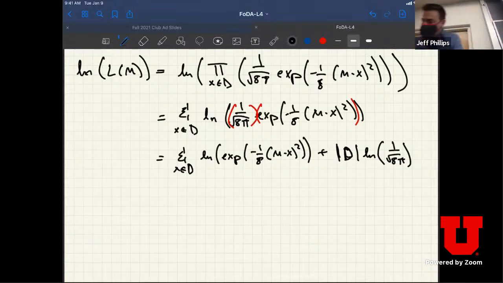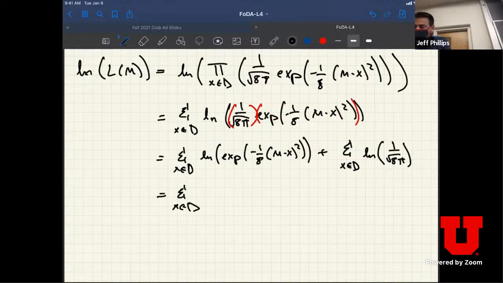I'll do this in 2 steps. 1 over square root 8 pi is a scalar, but this is for all the elements of D. This sum has size of D terms, and each term has a log of a product, and I can turn that into a sum of 2 terms, and then put them into 2 different sums. Then I'm going to do another step simplifying here.